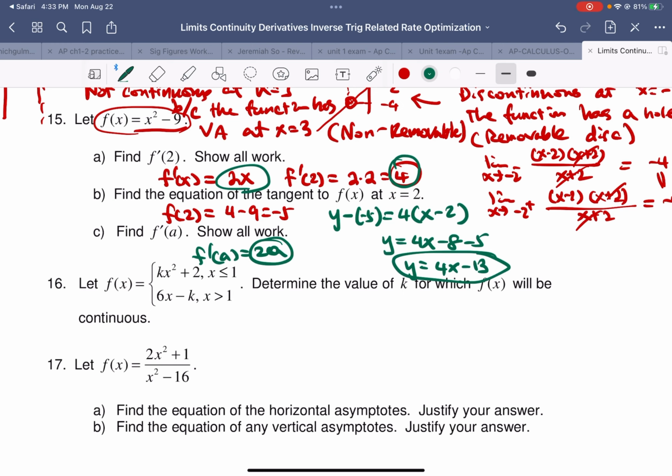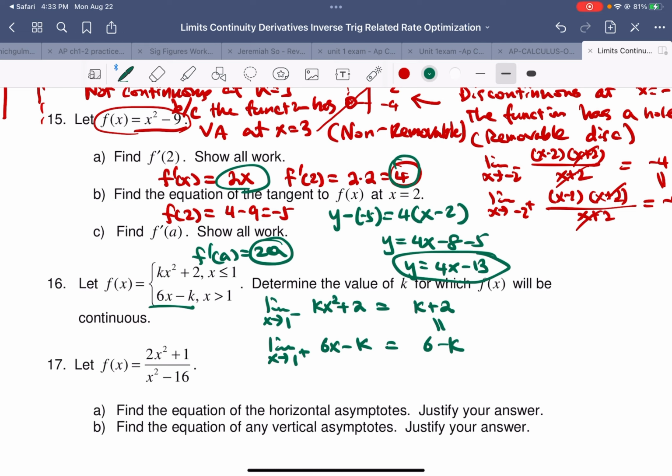Now, number 16. f of x is a piecewise function like that. Determine the value of k for which f of x will be continuous. In order to be continuous, take the left-hand limit as x approaches 1 from the negative side, kx squared plus 2. When you plug in 1, that's k plus 2, right? Also when x approaches 1 from the positive side, you use 6x minus k, and plug in 1 for x. That's 6 minus k.